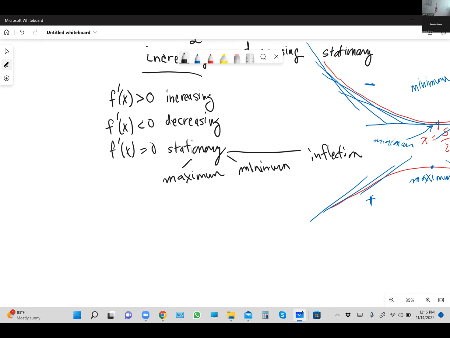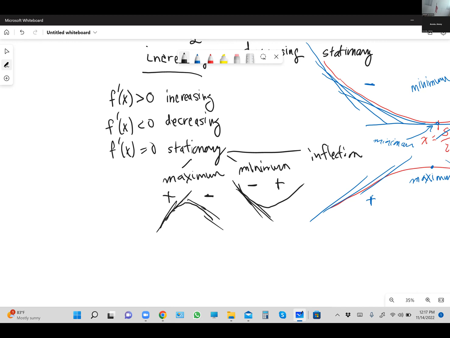A maximum occurs when we transition from positive to negative. So I think of it like this: positive, negative. Minimum looks like this, negative to positive.